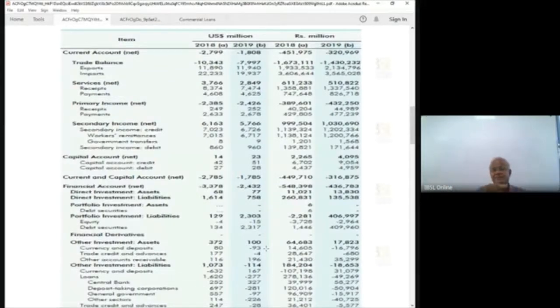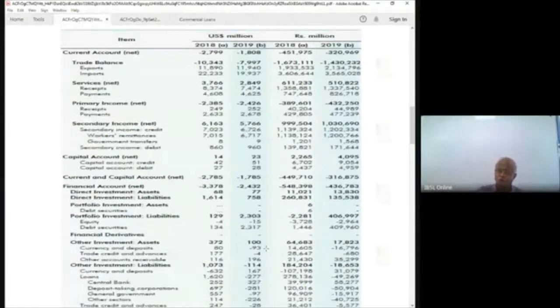From 2018 to 2019, there was a slight drop, minus 27 to minus 18. The deficit decreased. But the 2020 deficit might increase. We don't know by how much. The government has imposed some restrictions on imports to cut down import expenditure, but definitely the deficit might increase in 2020. Right?